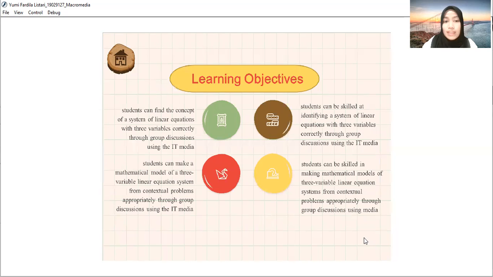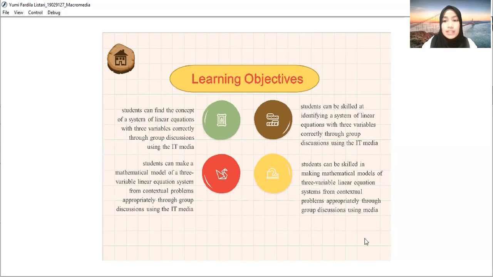Students can find the concept of a system of linear equations with three variables correctly through group discussion using the IT media. Students can make a mathematical model of the three-variable linear equation system from contextual problems appropriately through group discussion using the IT media.